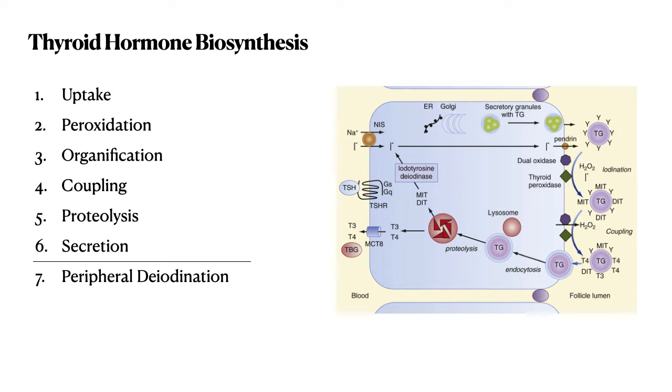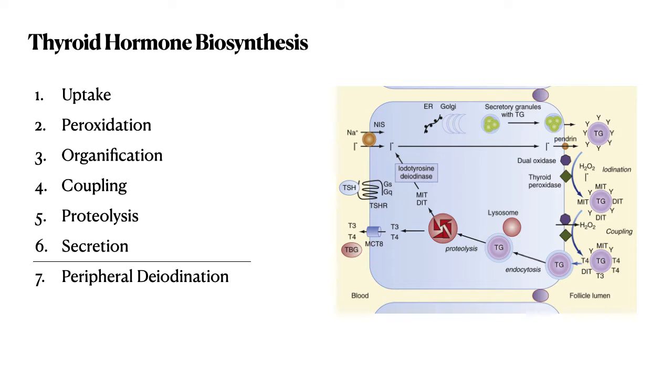Once it is already in the colloid, the next step will be peroxidation. In peroxidation, the enzyme thyroid peroxidase, which is shown here as the green diamond, will take up the iodide and utilize hydrogen peroxide, which is in the colloid, to oxidize the iodide for it to release its extra electron and convert it into elemental iodine.